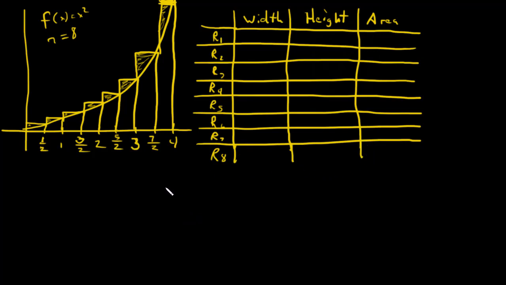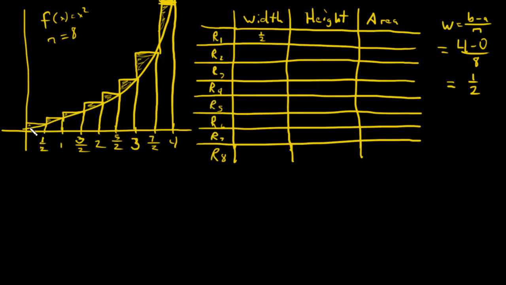Alrighty. So, what is the width of each of these rectangles? Well, the width is just b minus a over n, so it's going to be 4 minus 0 over 8, because now I have 8 rectangles. So that's going to be 1/2, right? Alright, so I've got 1/2 for my width.